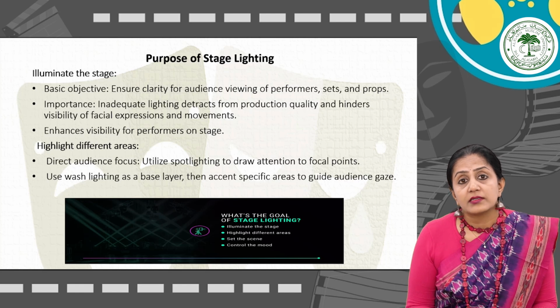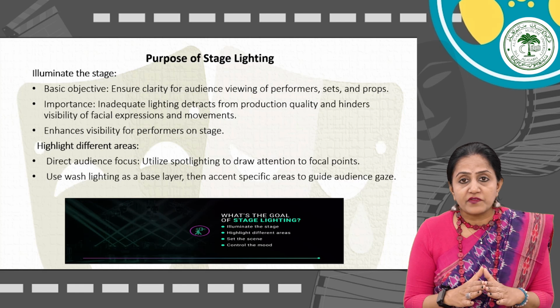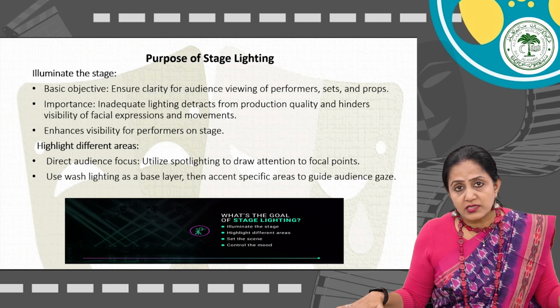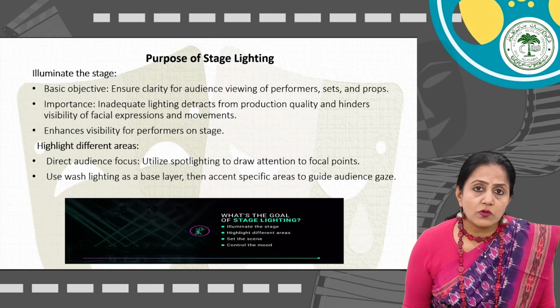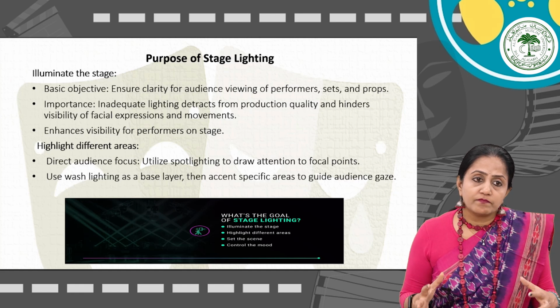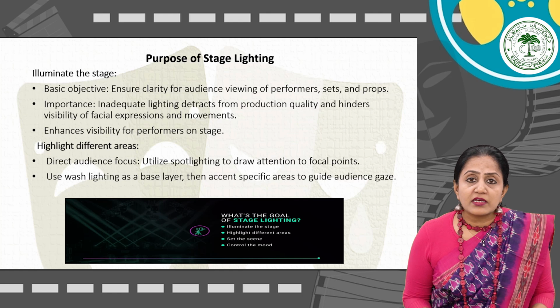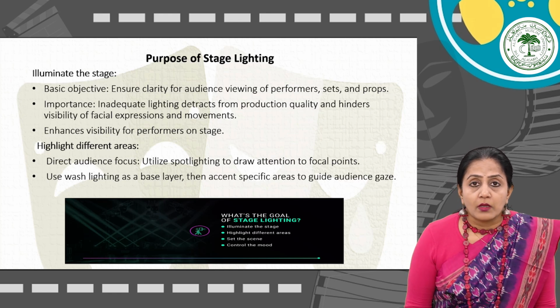So light differentiates the focus. If there is equal light in the entire space of audience and the stage, then there is no signification of the performance area, and that signification is done with the help of light.